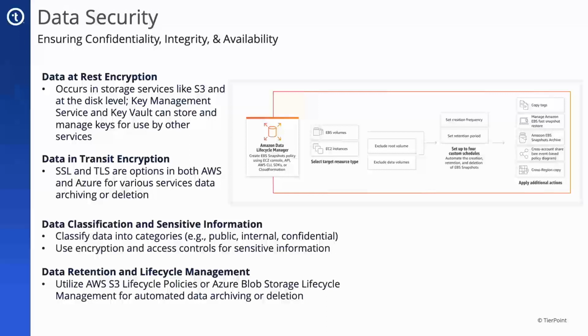Encryption is a critical aspect of security in public cloud environments for several reasons, chiefly data privacy, compliance, data integrity, and access control. Encrypting data ensures that even if unauthorized access occurs, the data remains unreadable without a key.